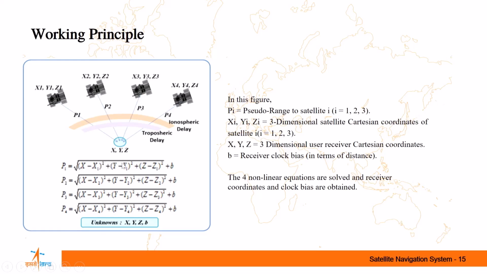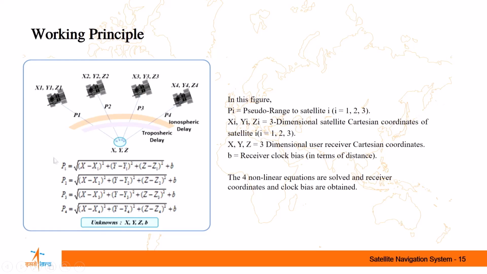Similarly, x1, y1, z1 for satellite 1, x2, y2, z2 for satellite 2, x3, y3, z3 for satellite 3, and x4, y4, z4 for satellite 4 are also known parameters through the ephemeris data. So what remains unknown here is the user position, which is provided by x, y, and z.